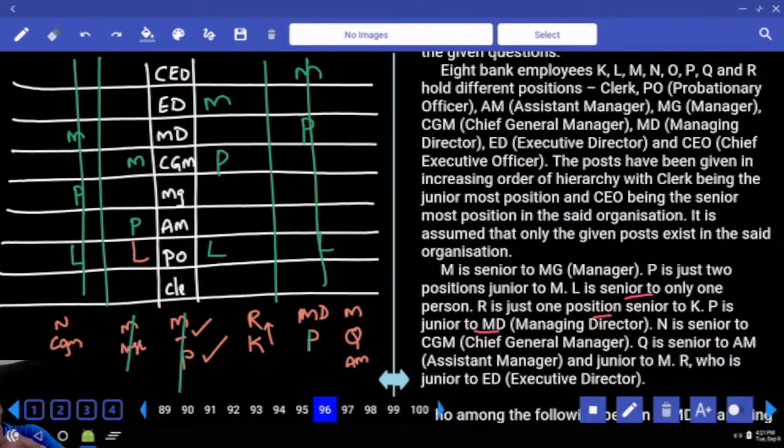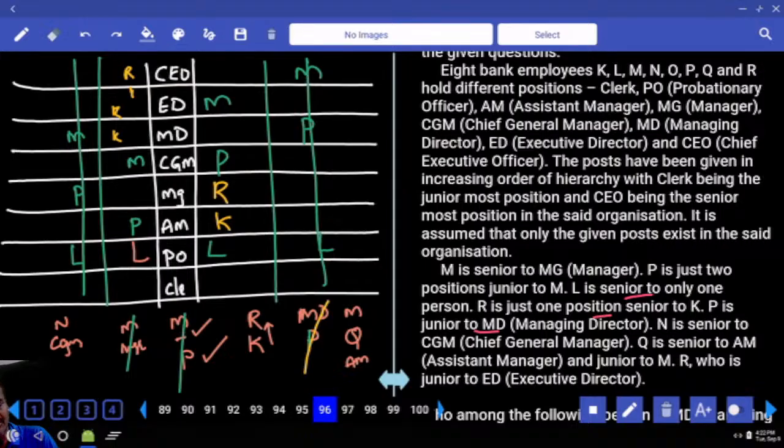Then N is senior to CGM. R and K must be adjacent to each other. As R and K are adjacent to each other, can you have R and K here? R and K must be here. Now in this case, R and K can be here or R and K can be here, 2 possibilities.